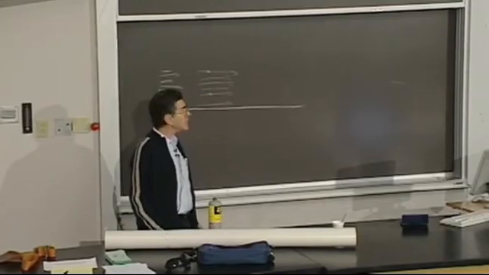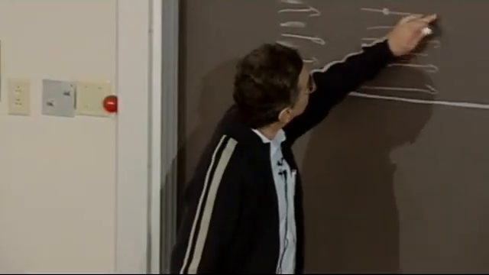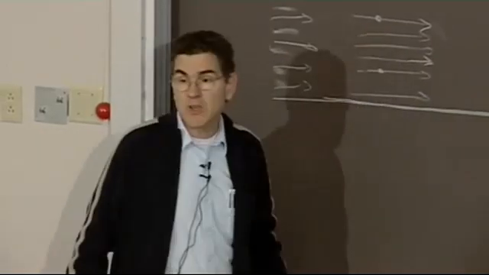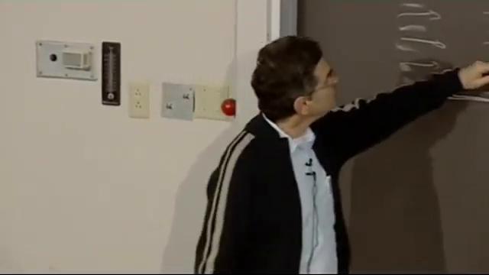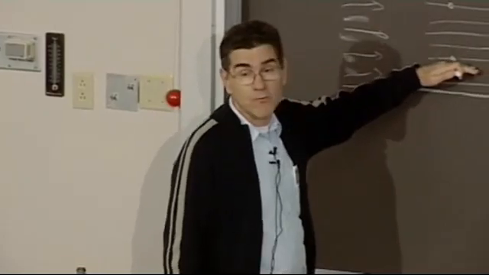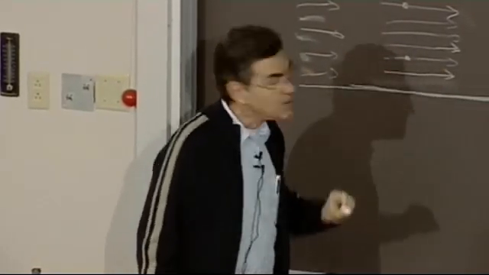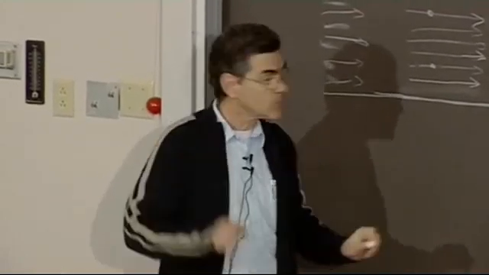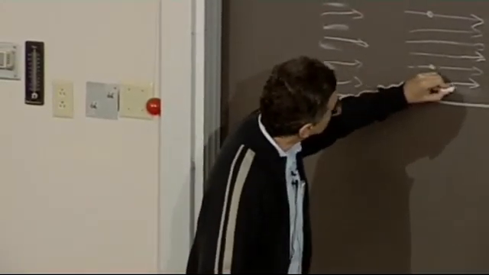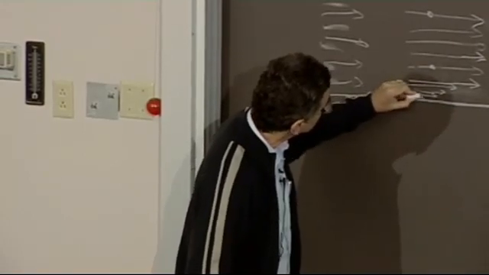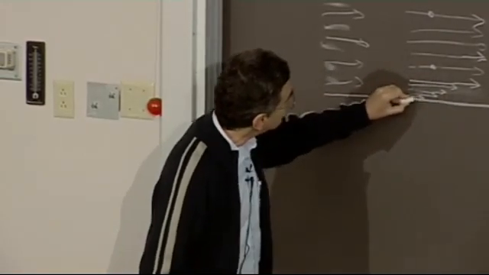And if you draw a velocity profile, the velocity profile looks like this. The velocity of the water out in the free stream is basically uniform. But as the water gets very close to the plate, it begins to slow down. Okay, so here the water is going slower, here the water is going still slower, still slower, still slower. And in fact, by the time it gets to the plate, it's not moving at all.